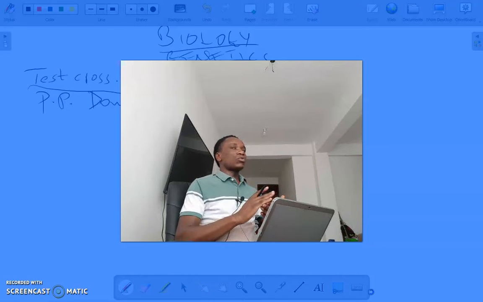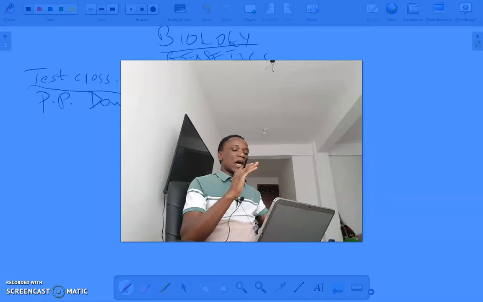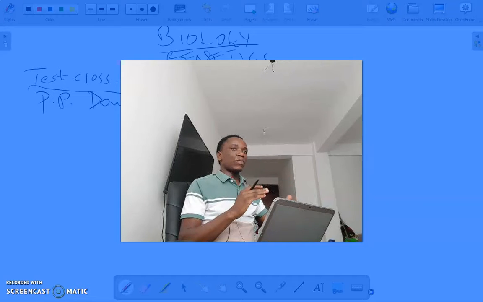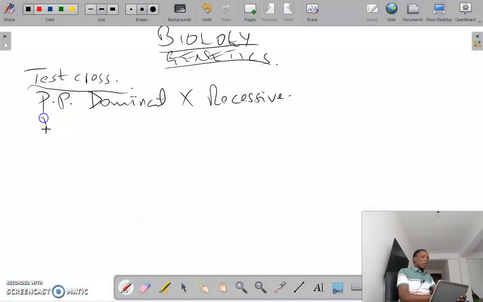From that characteristic of height, organisms showing the dominant phenotype were those with tall stems, and those showing the recessive phenotype were those with short stems. So we can use it here, for the parental phenotype and the parental genotype. The same on the phenotype: we will have those showing tall versus those showing short.